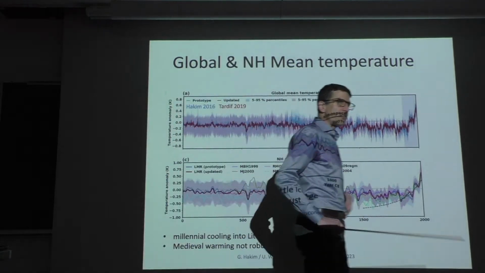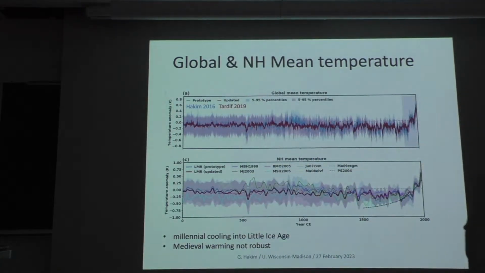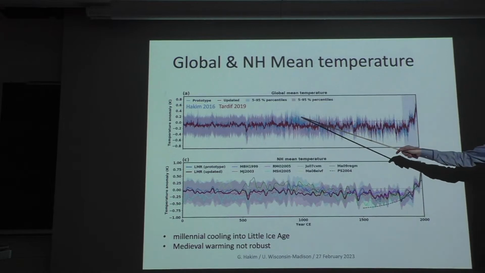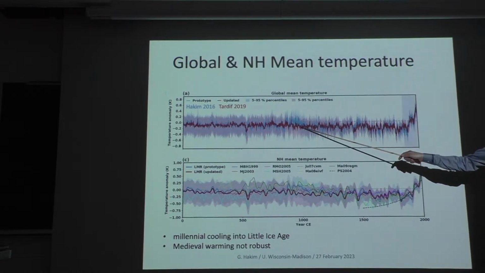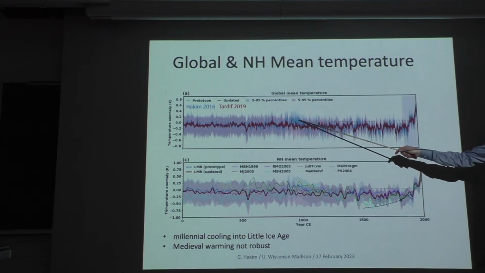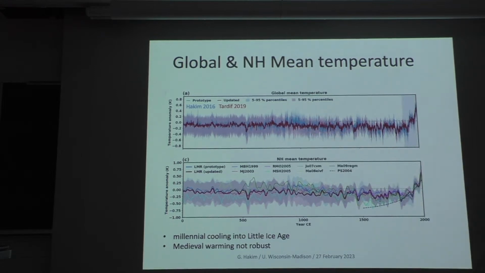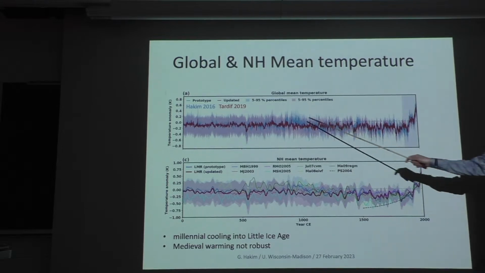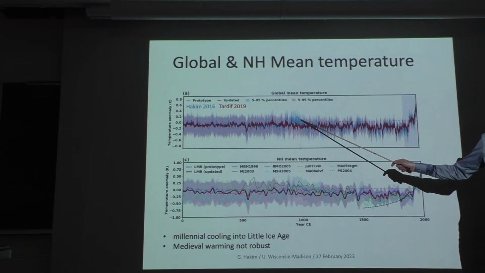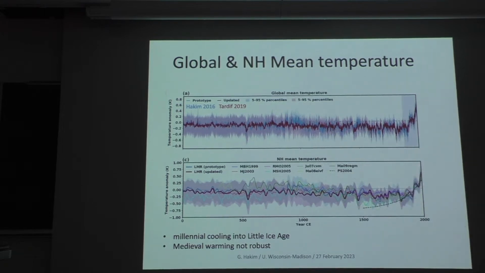Our first estimate, consistent with many other people who had done similar exercises, showed the medieval climate anomaly, this warming that occurred in the medieval period. Doesn't show up now. And this is when the Vikings were running around the North Atlantic, right? They were setting up houses in Greenland. Turns out it was warm, but probably in very geographically limited regions, like the North Atlantic. It probably was not a hemispheric phenomenon.